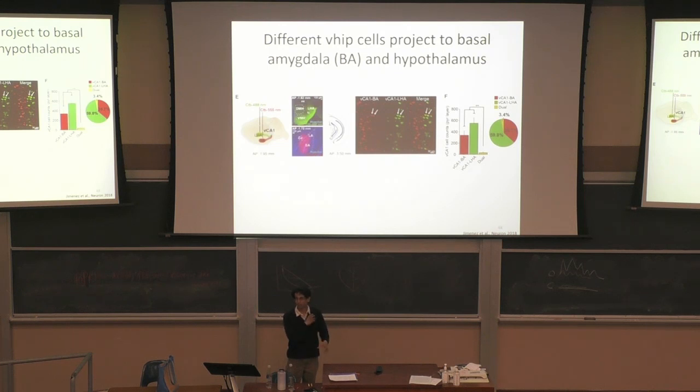travel retrogradely, meaning if you inject that protein here, then it's taken up by axon terminals that are nearby and then travels along the axon and infects the cell body of cells that project to that place where you made the cholera toxin injection.